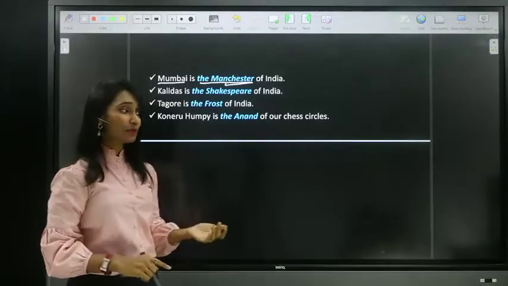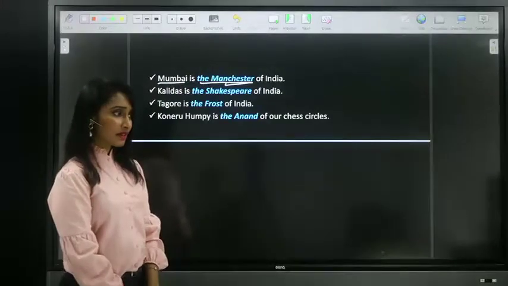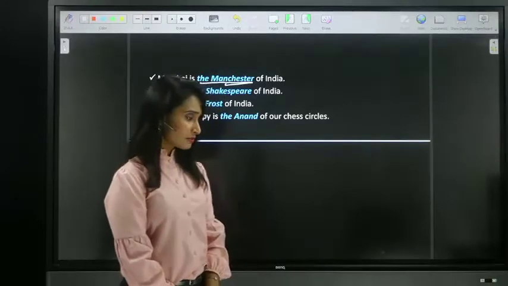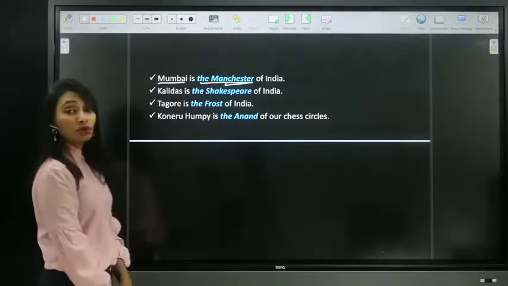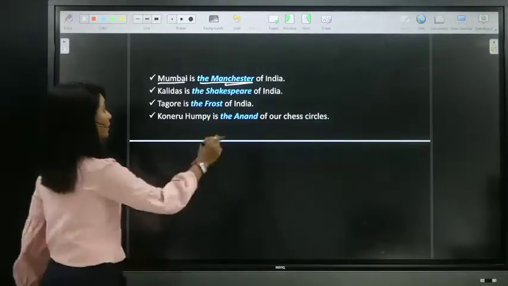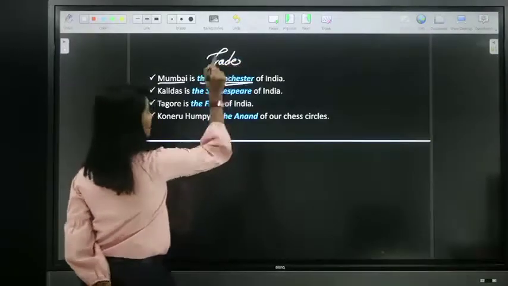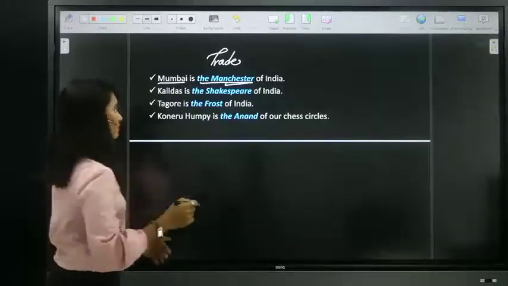Why did we compare Mumbai to Manchester? Any answer? Many of you know Manchester for its football team, but Manchester is also famous for trade, the business. So how Manchester is, like that Mumbai is for us.